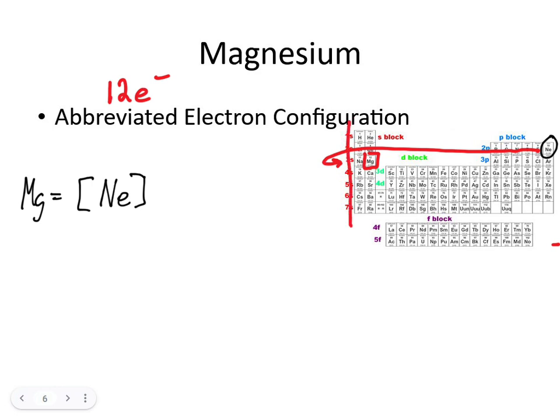That's my S block. It's in the third energy level, so 3s. Neon has 10 electrons. I need 2 more, so that's going to be 3s2.